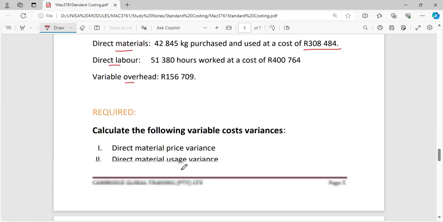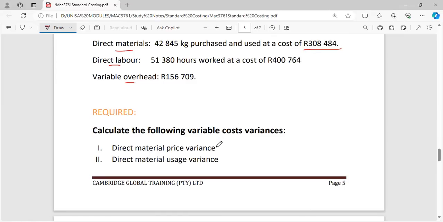Then what we are required to do is the following variable cost variances. The direct material price variance, that's the first variance that we need to do. Which figures are we going to use?